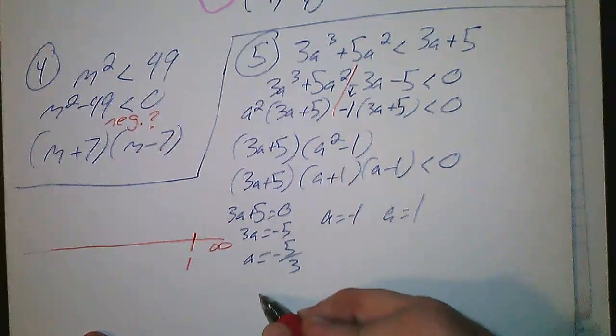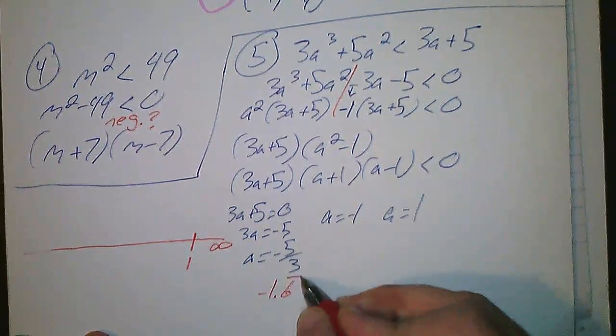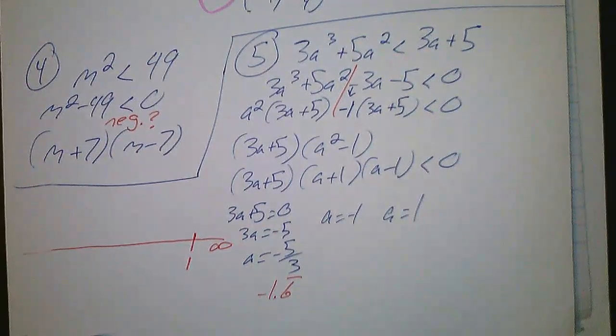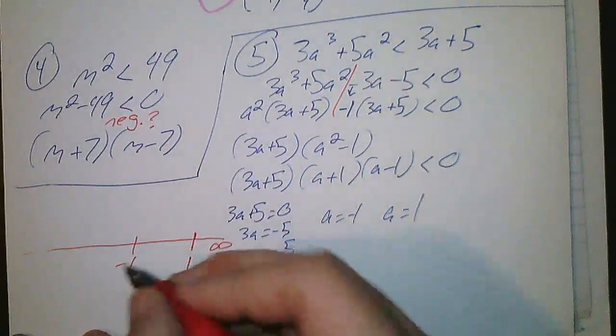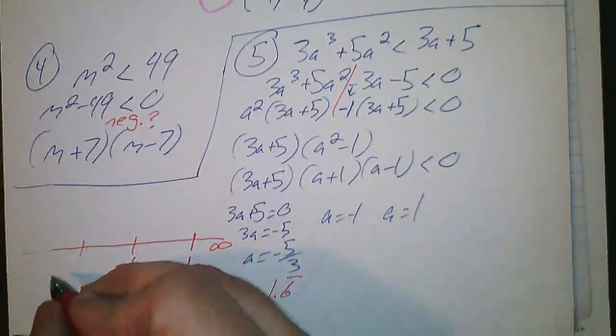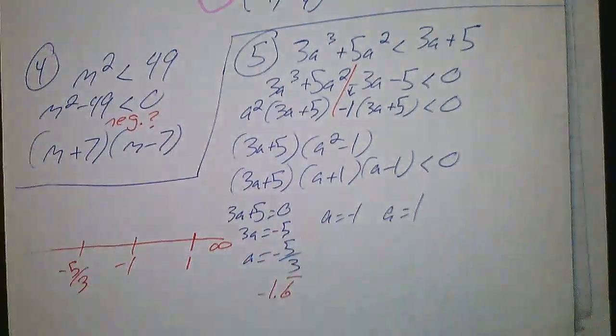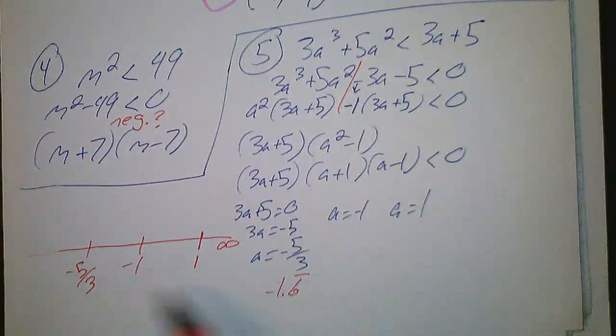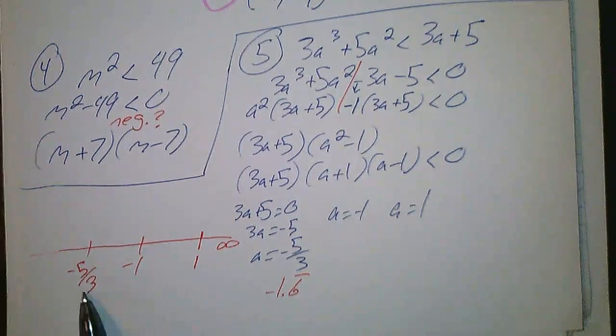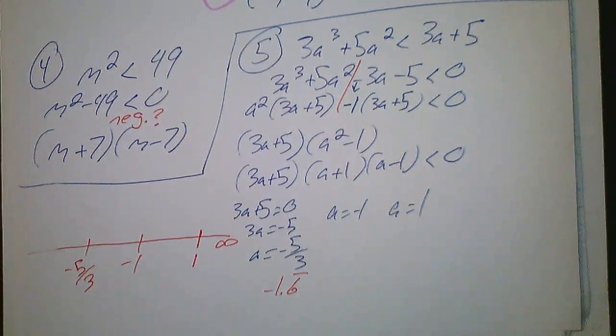If you want to, you can think about this as like negative 1.6 repeating as you put it on the number line. Don't make a mistake as you put these pieces on the number line. Negative 5/3 is less than negative 1, so it's to the left of negative 1.